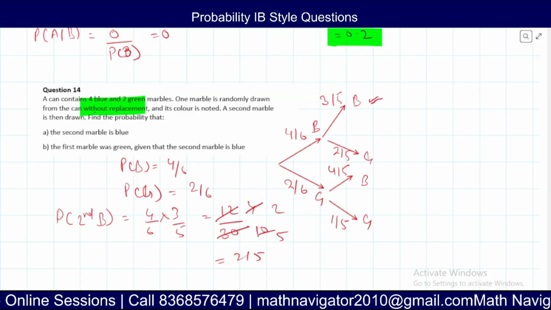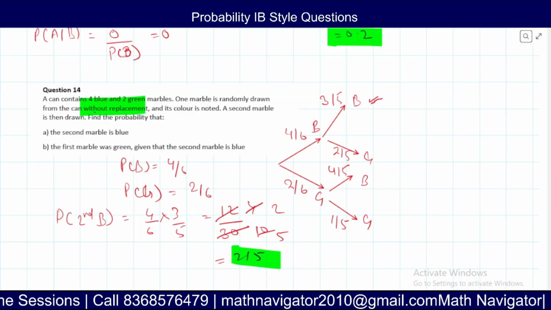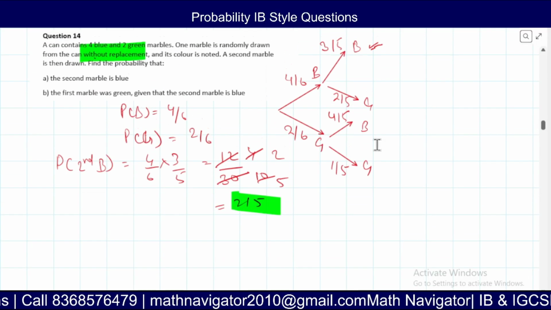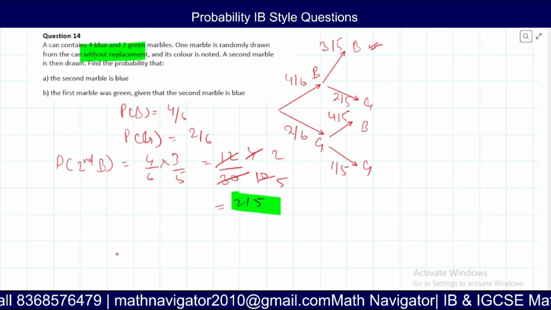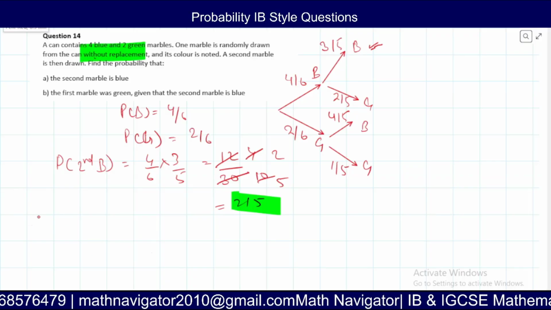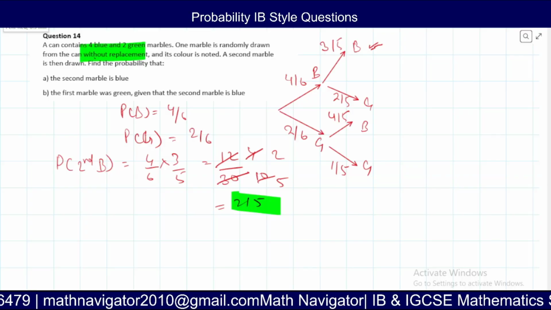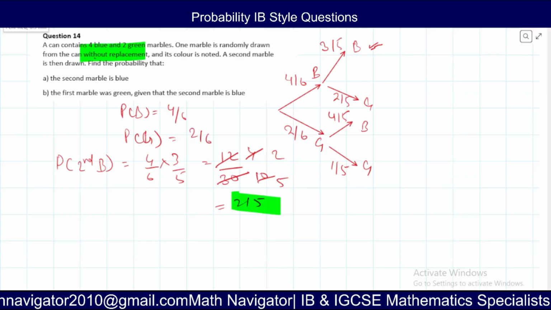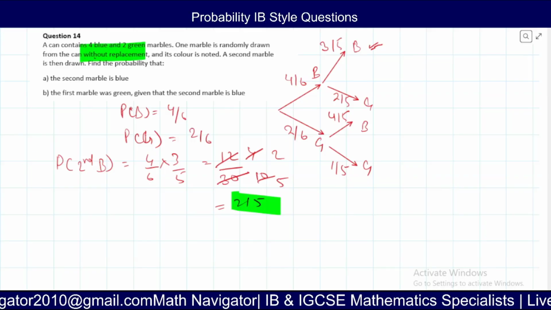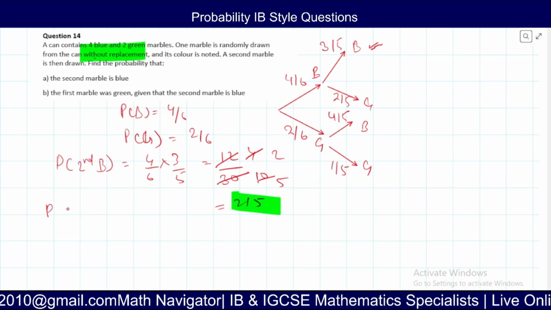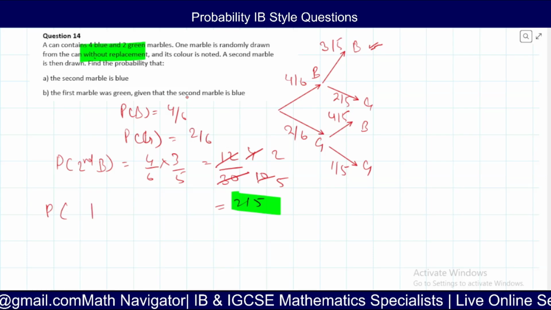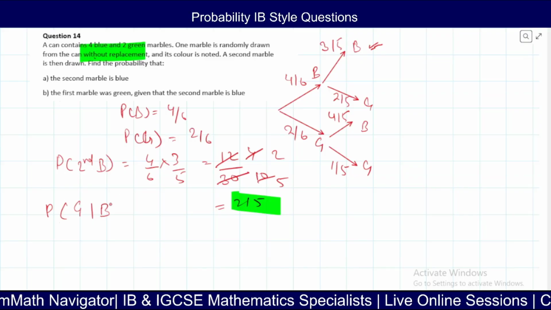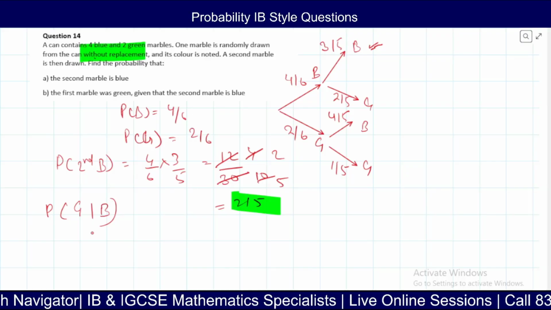Yes. So this is my question: the first marble was green, given that the second marble is blue. Now this is conditional probability. If you are able to write the formula properly, then only you will be able to solve conditional probability. So always write first what is given. Given that the second marble is blue, the first marble was green, so I have to find this probability, right?